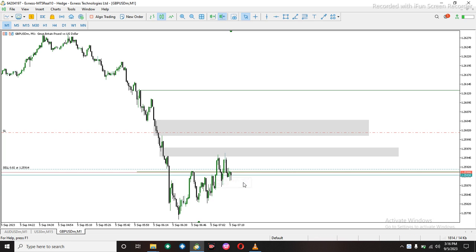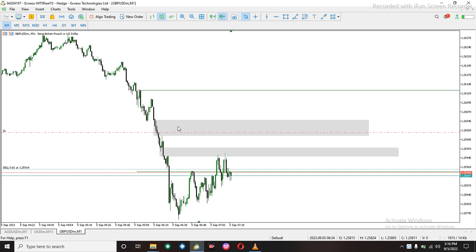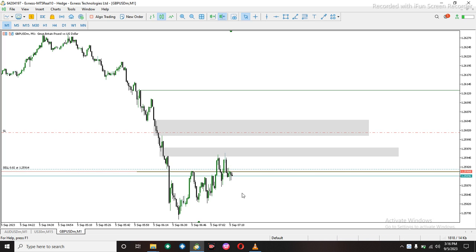Now, as for those of you who are still confused about the fake outs, a fake out usually happens, like I told you before, when a market is on a sell trend, and it makes it look as if it wants to move into a buy trend. But this is what it does. It just breaks the resistance by a little, and then it fakes it and then starts coming down.